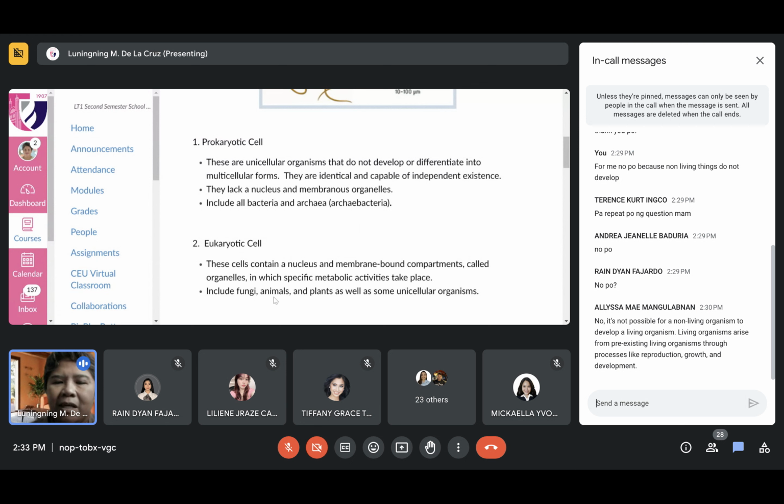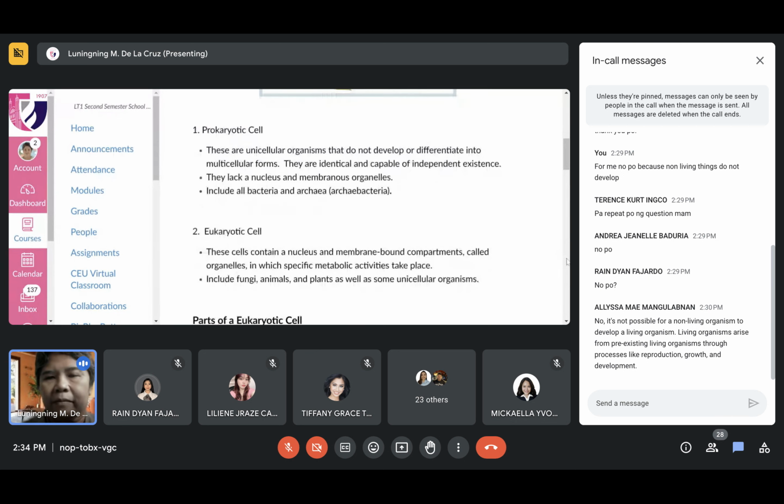It includes fungi, animals, plants, as well as some unicellular organisms. Okay, so the main difference basically between the prokaryotic cell and the eukaryotic cell is the existence of a nucleus. Eukaryotic cells have a true nucleus. Prokaryotic cells do not have a nucleus. Okay?